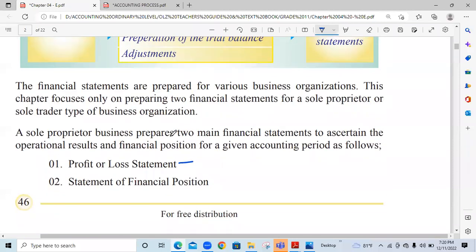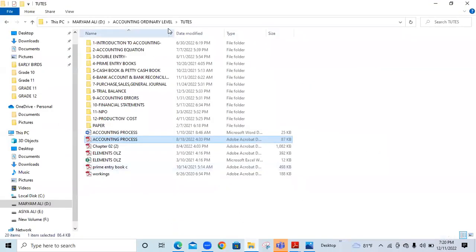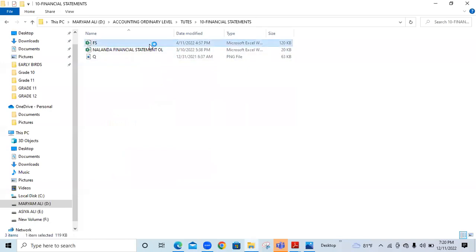If they ask you what is the purpose of the statement of profit or loss, what's the answer? Anyone who can unmute and answer, to identify what? Profit and loss of the business. Tell me in another term, what do you call that? To identify the operational results of the business.